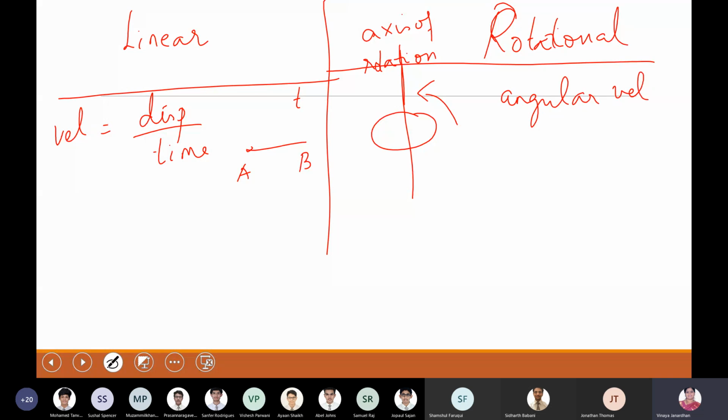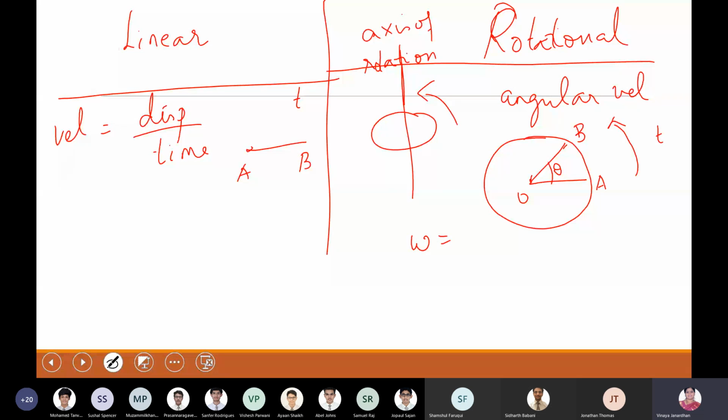Suppose I'm just taking the plane of the motion. The body starts from point A, and your axis of rotation passes through the point O. Theta is the angle displaced in a time of t seconds. So your angular velocity will be angular displacement by time.